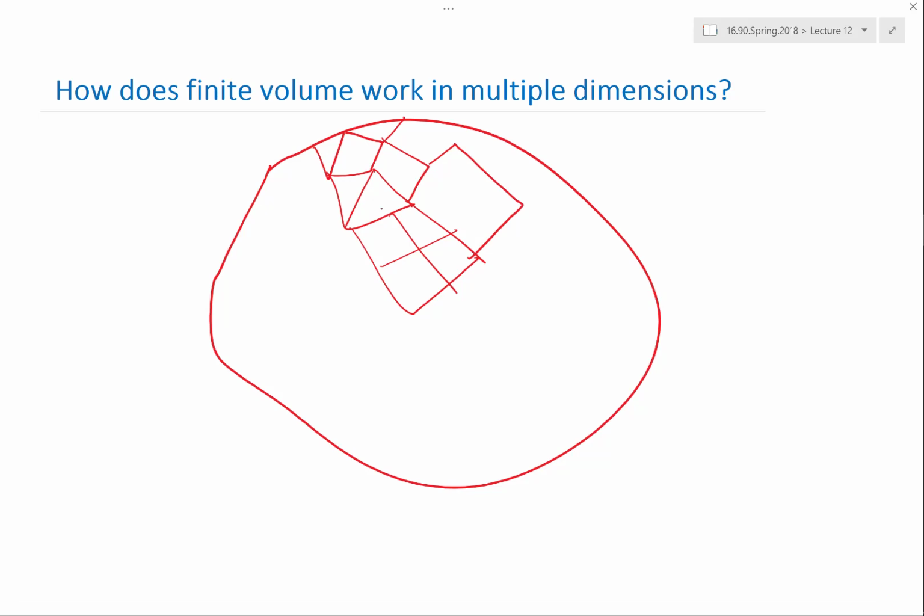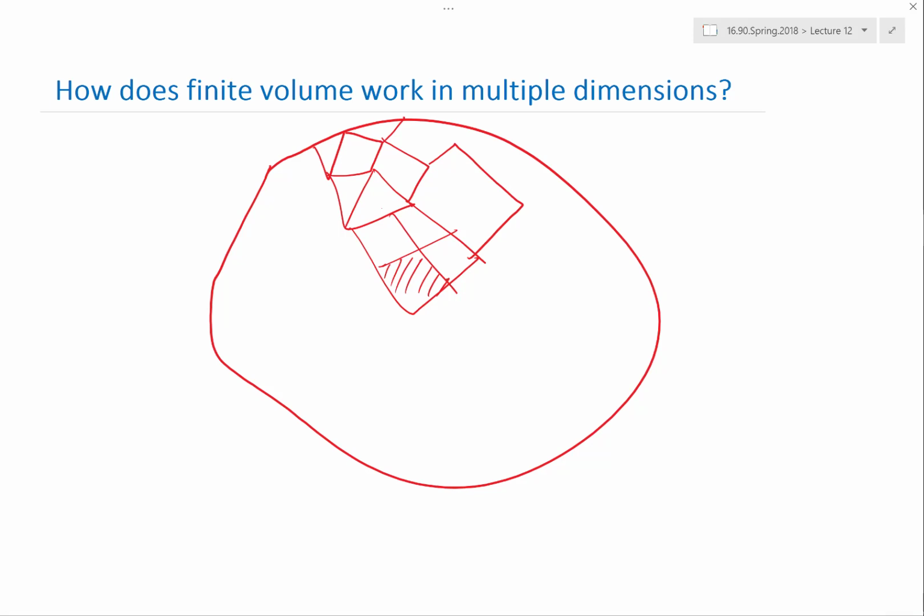What are the unknowns in finite volume? It's just the averaged conserved quantity in each of these cells, right? And you apply the conservative form of the differential equation, the integral form, in each of these cells, and the time derivative for the total quantity in this cell would just be a summation of the contribution from this interface, this interface, this interface, and this interface.